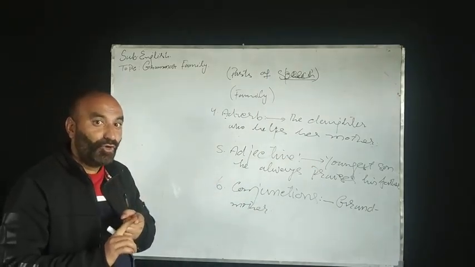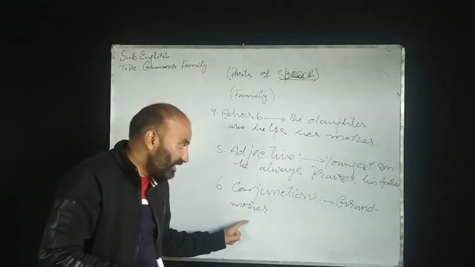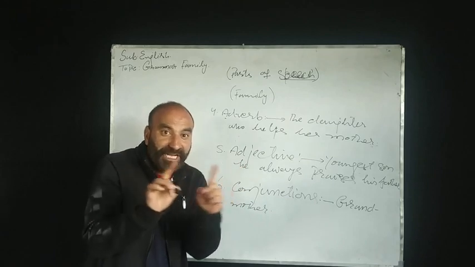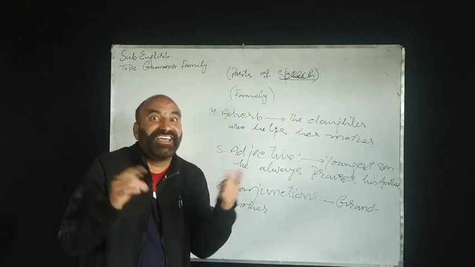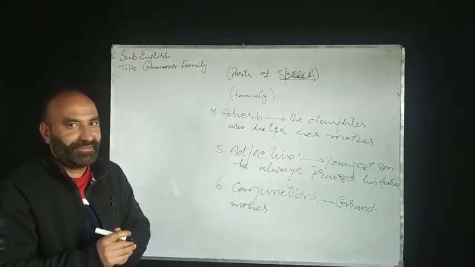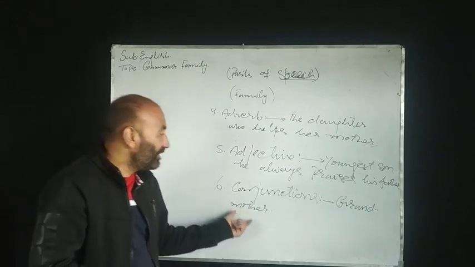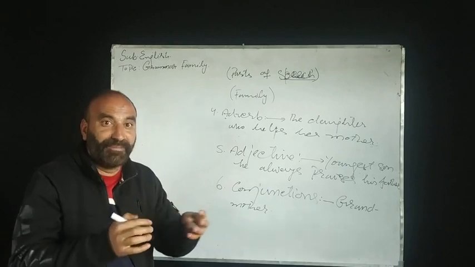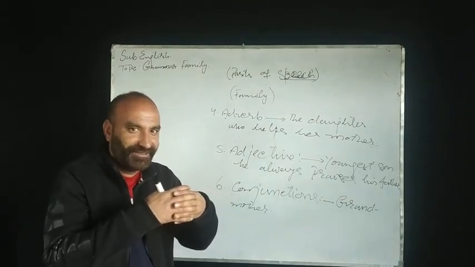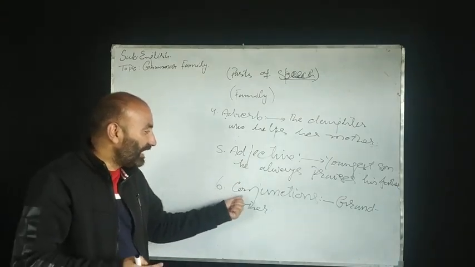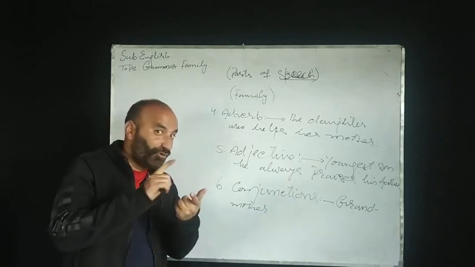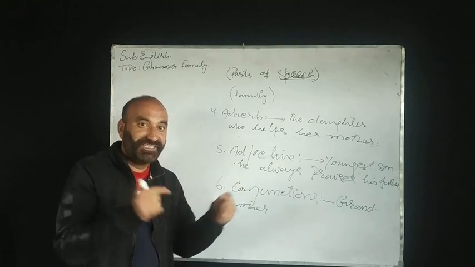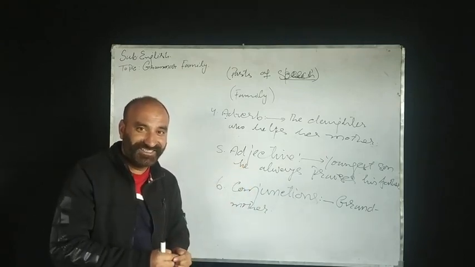Grandmother. Why? Because the grandmothers help the family to join whenever there is a tiff. Whenever there is a tiff, they try to make it possible for the family members to rejoin. When we look at the conjunctions, they are the words used to join sentences, words, phrases, clauses.